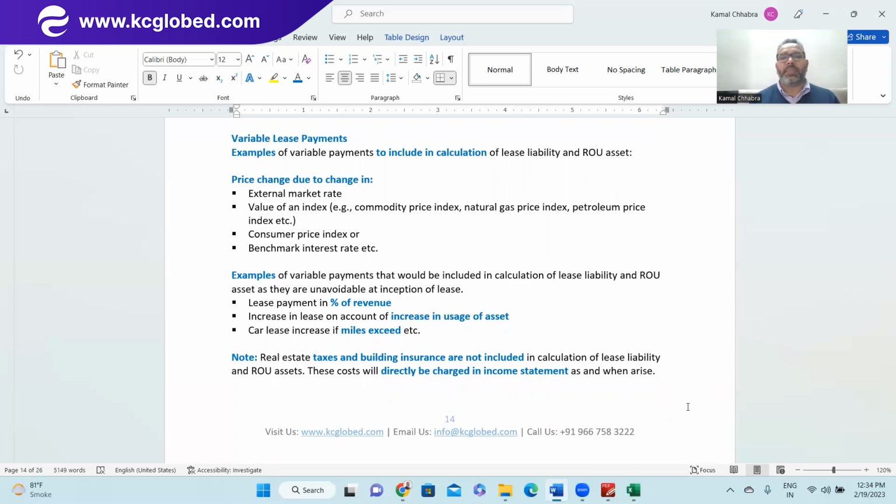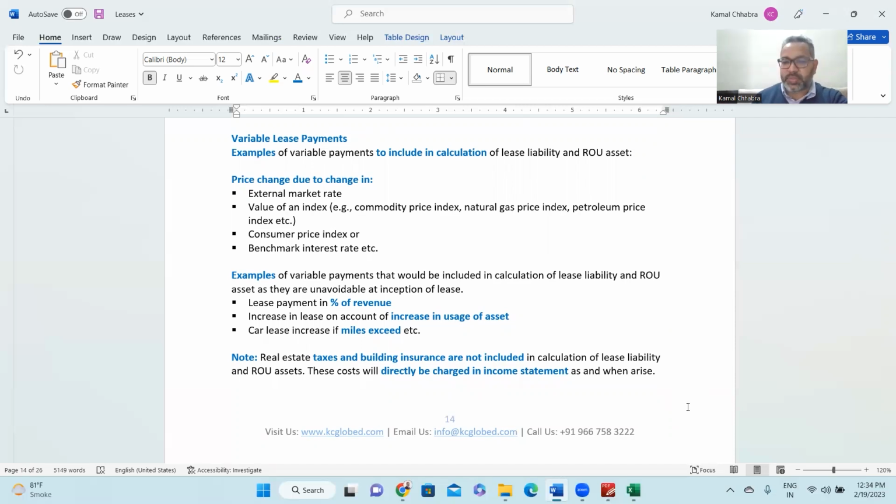So for example, it may be a price change due to change in external market rate, or the value of an index like commodity price index, natural gas price index, petroleum price index, consumer price index, or maybe a benchmarking interest rate. For example, you have taken a machinery for extraction of oil on lease, right?